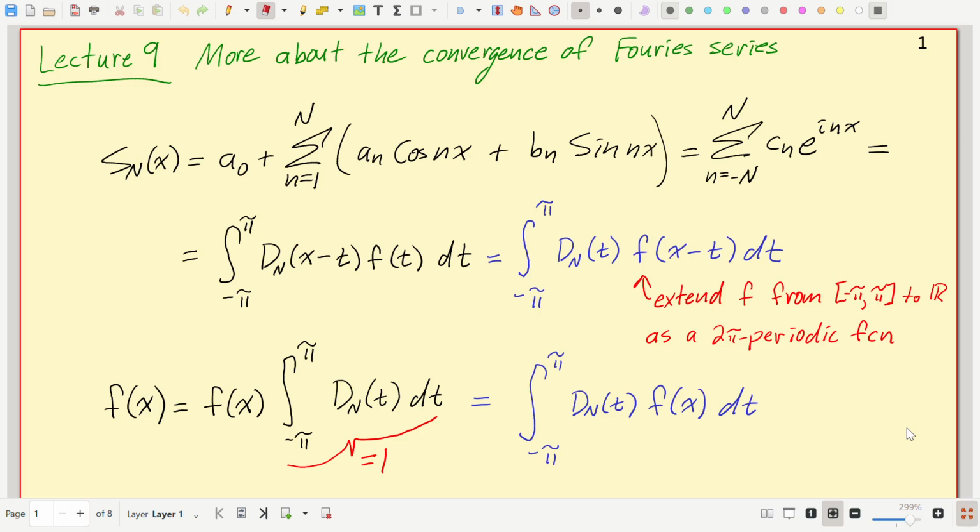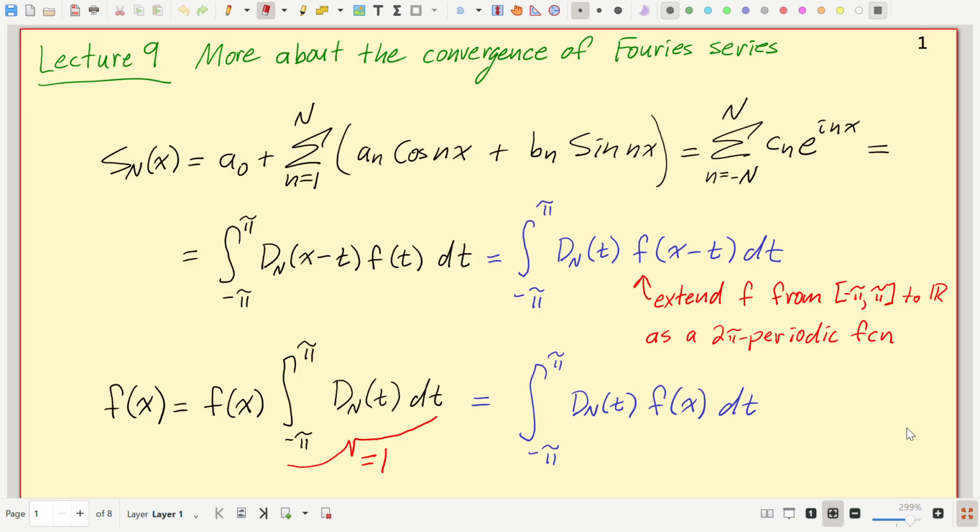The partial sum of a Fourier series, that first sum is the real version, and that's 100% equivalent to the partial sum in the complex notation, which is shorter and sweeter to write and will be useful to us.